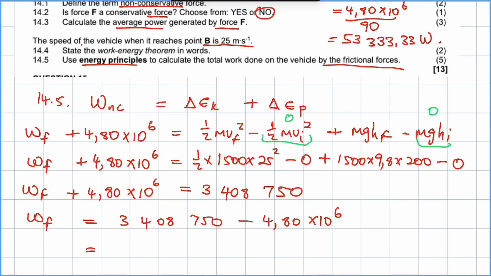And then the final answer will be, let's subtract 4.8 times 10 to the power 6. And that gives us minus 1,391,250 joules. So that's the end of that question.